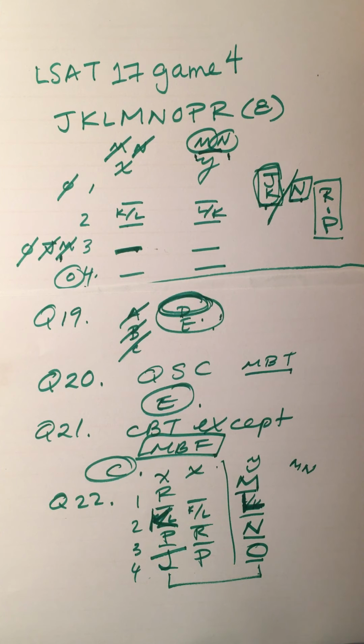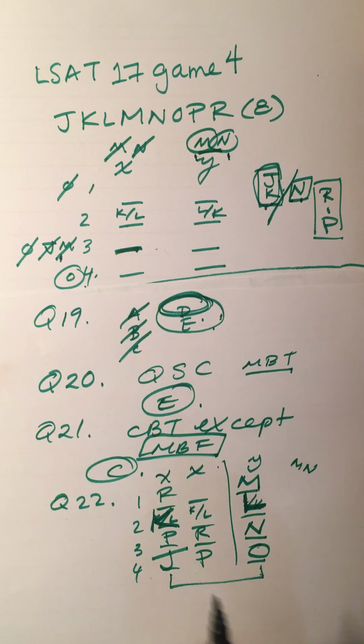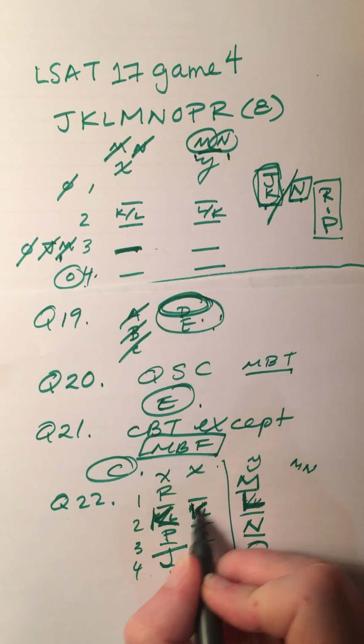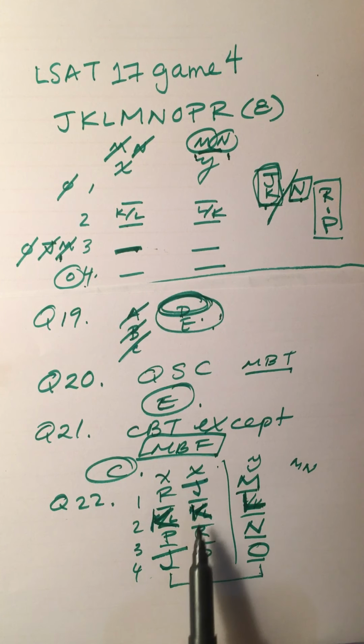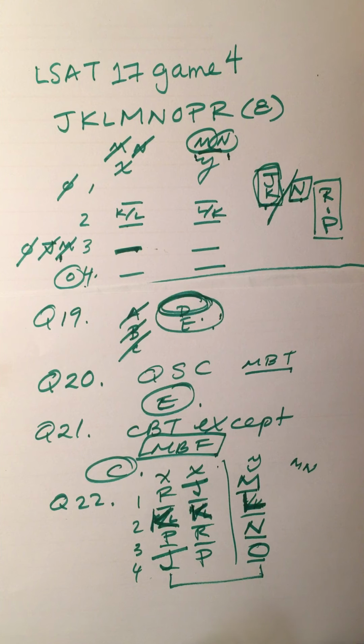Does P have to be third? We do have P third here, but I can see that it would be possible for me to choose J and K here, and P could be fourth. So I can quickly falsify that. Does Ruth have to be first? I've falsified that here.